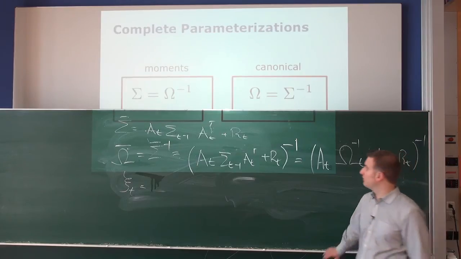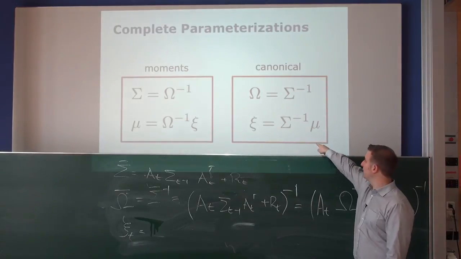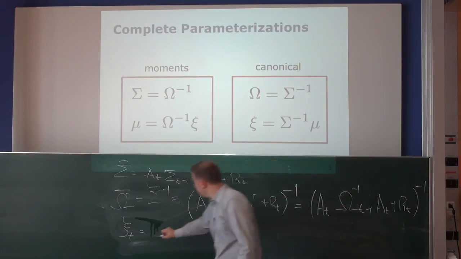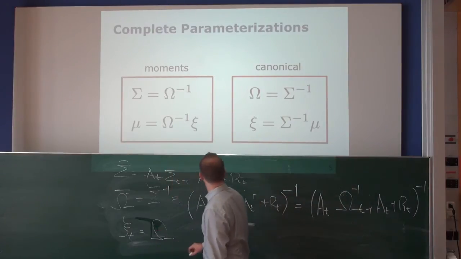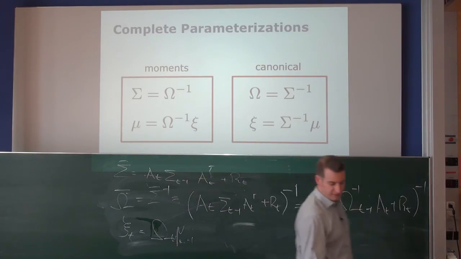So the information vector was the covariance matrix inverted times the mean. So we can already write that as information matrix times the mean. Minus 1, of course. So previous time step.